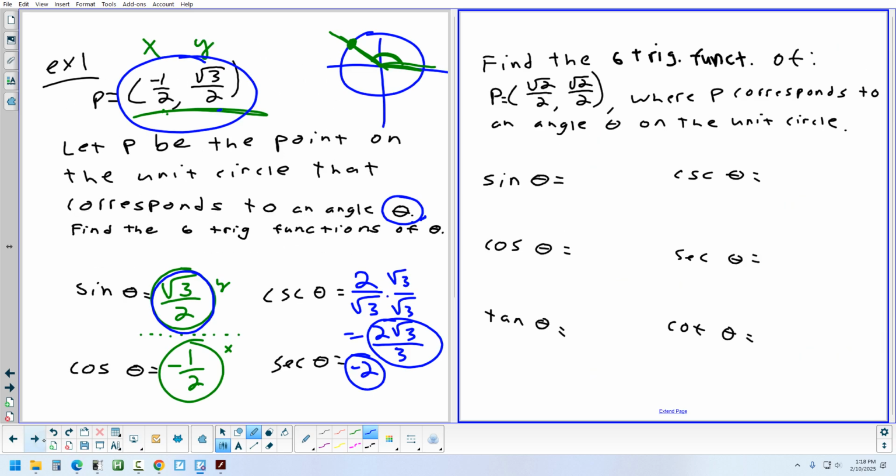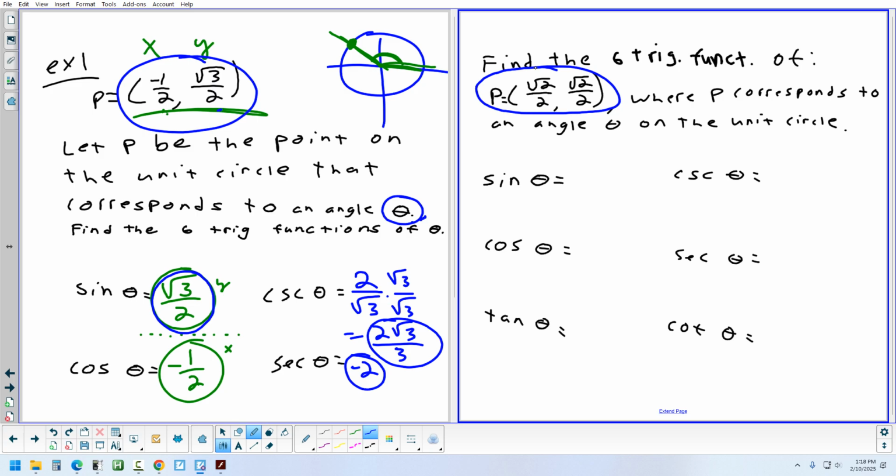All right, let's try this one. So it says find the 6 trig functions of, and now we have an angle that's represented by that coordinate. Okay, first question, does that look like the coordinate for a 0, a 90, a 180, or a 270? Does it look like any of them? No, it's not.